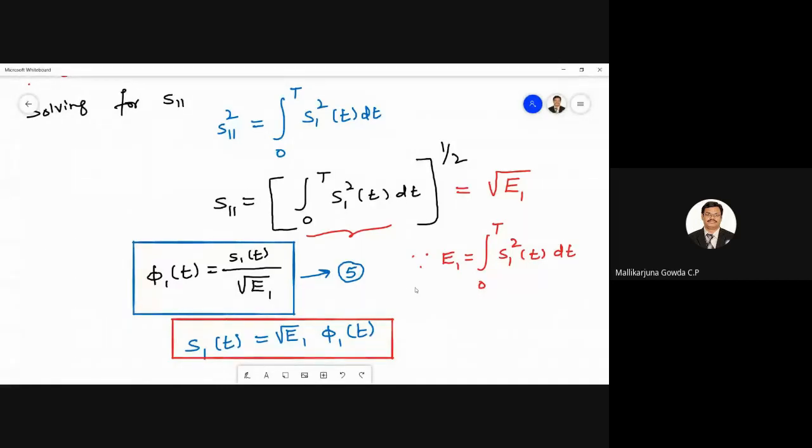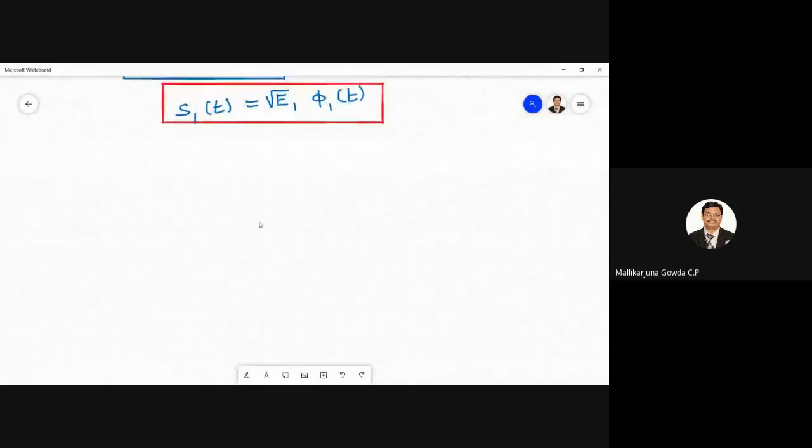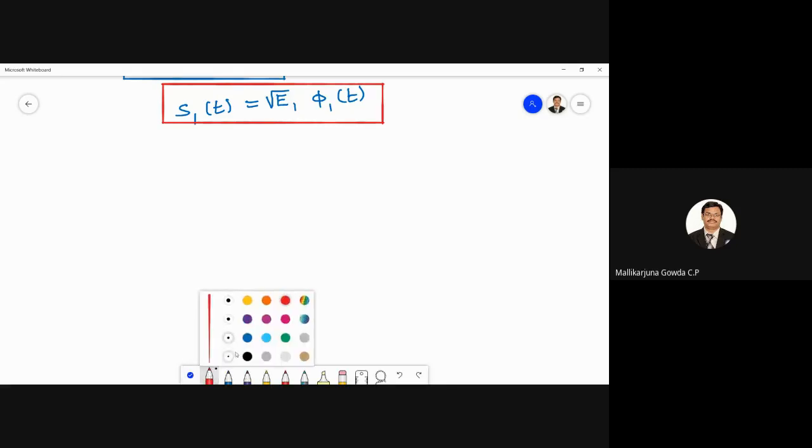To go ahead in a similar fashion, now step 2. The second step is to set all coefficients Sij equal to 0 except S21 and S22 in equation 2. Now our aim is to find pi 2 of t, and I need to express S2 of t in terms of pi 2 of t.